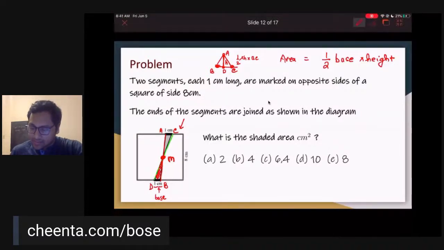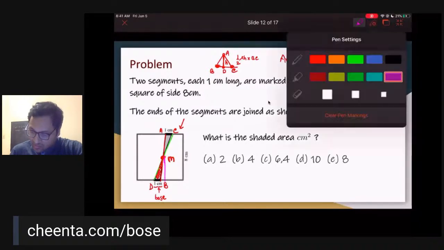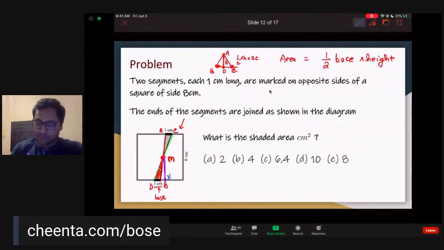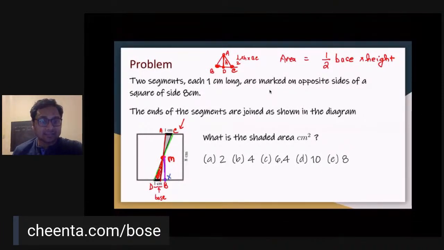So what I'll do is drop a perpendicular like this. MX is the height dropped from the point M on that side of the square BC. And I can extend it on the other side to make it MY.